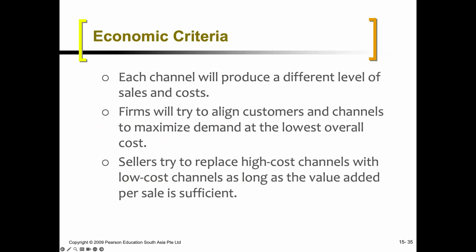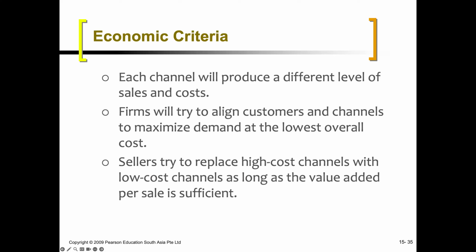In the economic criteria, each channel will produce a different level of sales and cost. The company will try to align the customer and channels to maximize the demand at the lowest overall cost.